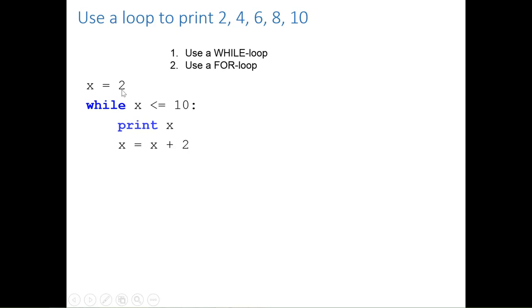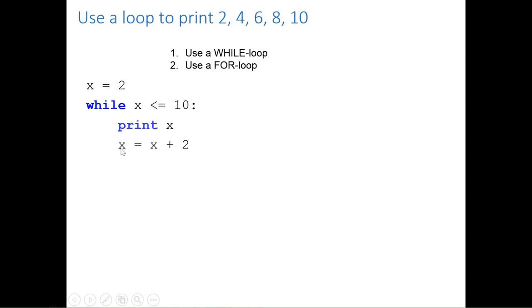Here we initialize the value of x, we do a comparison, we check whether it's our stopping point yet, and we're printing the value. If we wanted to print all the values on the same line, we would put a comma here, and that would print them out space separated.